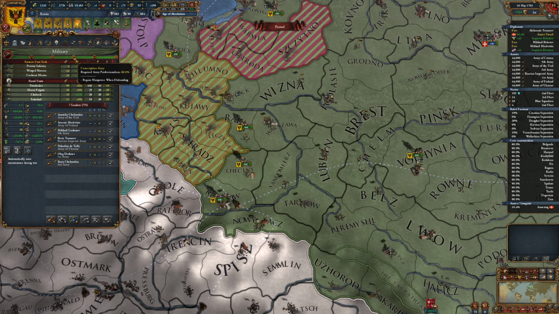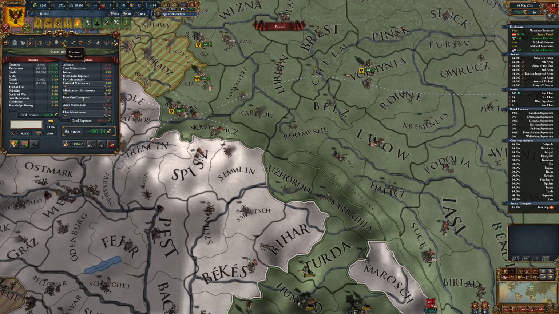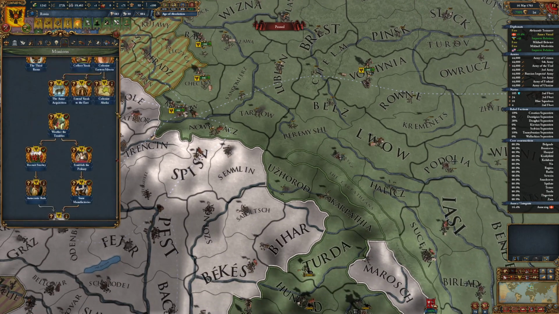But if your manpower is low, you can bump up the manpower in the middle of a war and keep on going, whereas your enemies might be scraping the barrel.